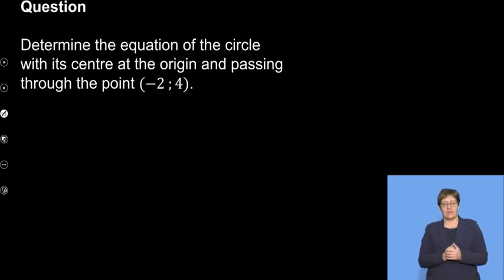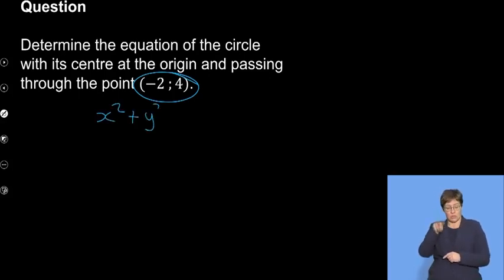Now, what if the point that the circle is passing through is (minus 2, 4), but we don't know what the radius is? That simply tells us that x squared plus y squared equals r squared.